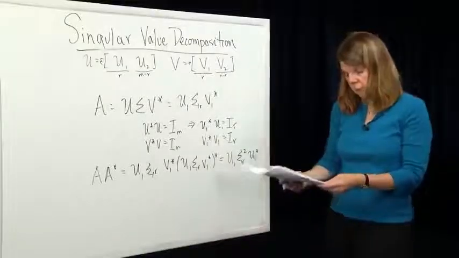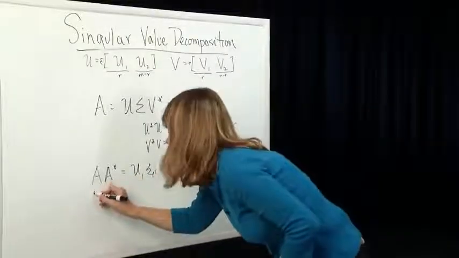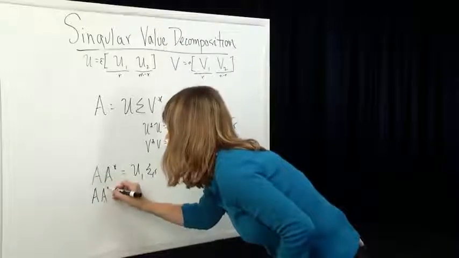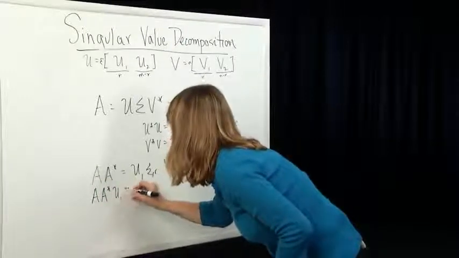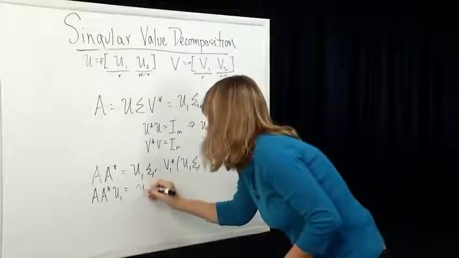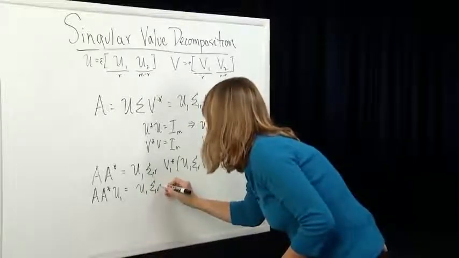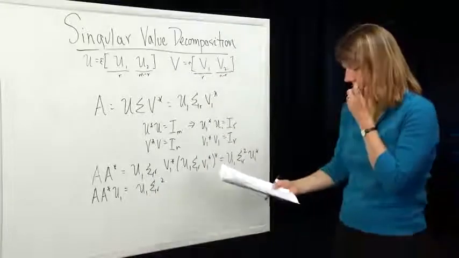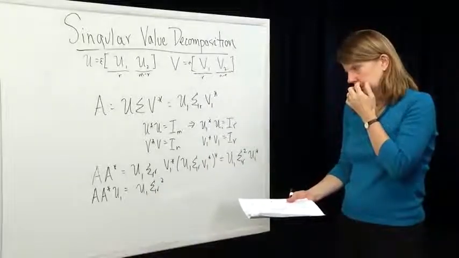Then if we look at A A star times U1, so let's post-multiply that product by U1, that's just equal to U1 Sigma_r squared.